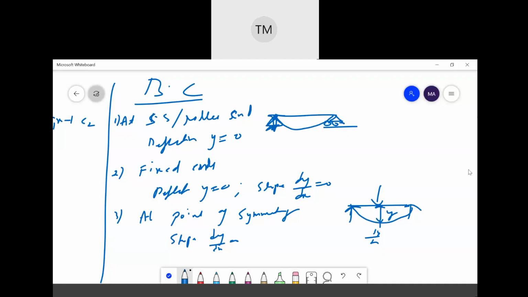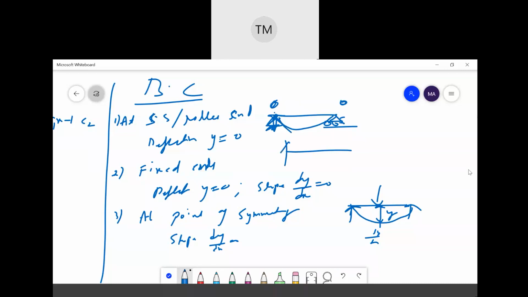At a hinge support it will be like this, and the roller support will be like this. At roller support, again the curve will be like this. So here there is 0 deflection. At simply support also 0 deflection, at roller support also 0 deflection, and only slope exists here.